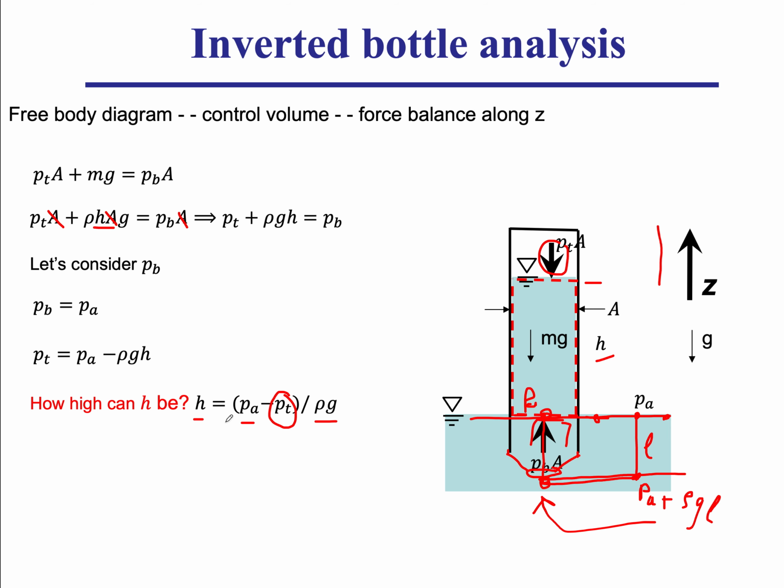So the height would be the height of a column of water that's equal to the atmosphere. But in practice, it's actually going to be slightly less than this H max that we have found. We're not going to be able to get down to zero pressure, absolute vacuum, primarily because the water will kick in here and will start evaporating and filling the gap. So we're not going to end up with a zero mass gap. It's going to be filled with water vapor.